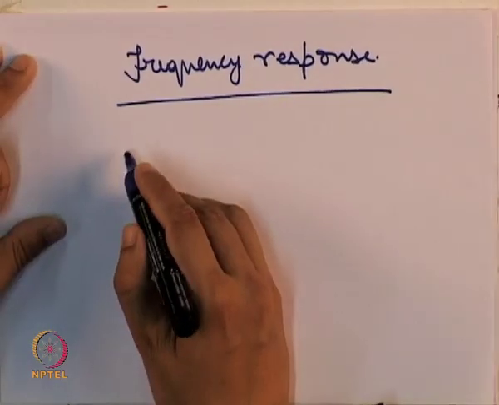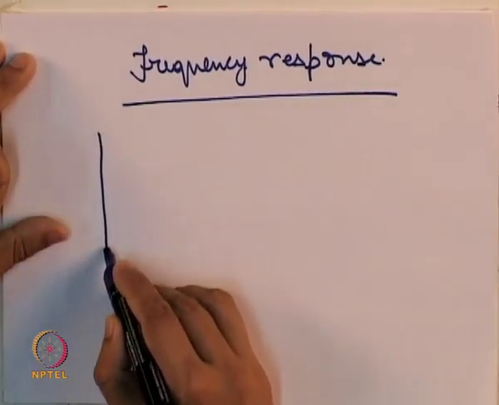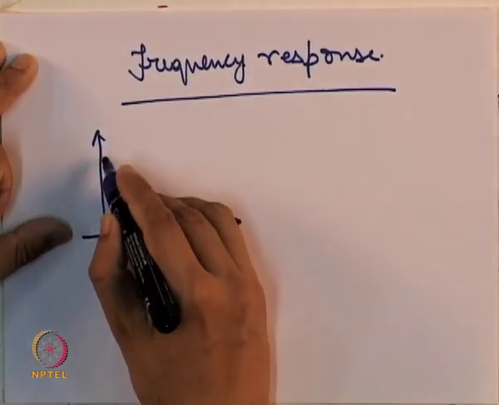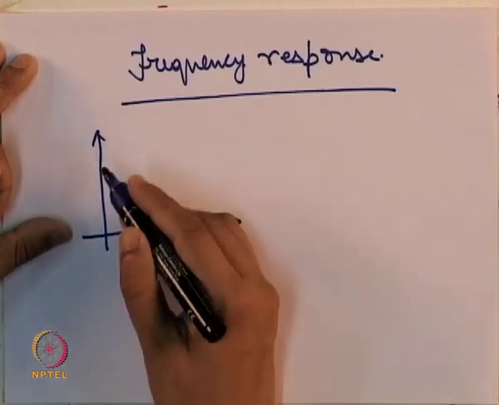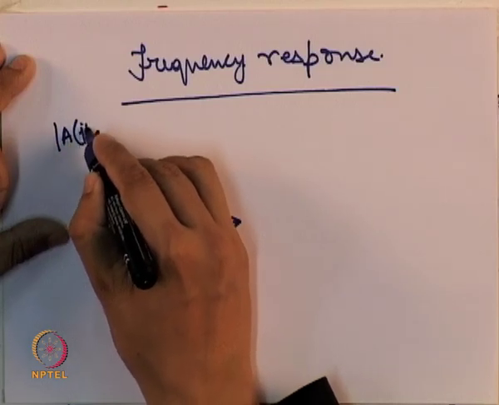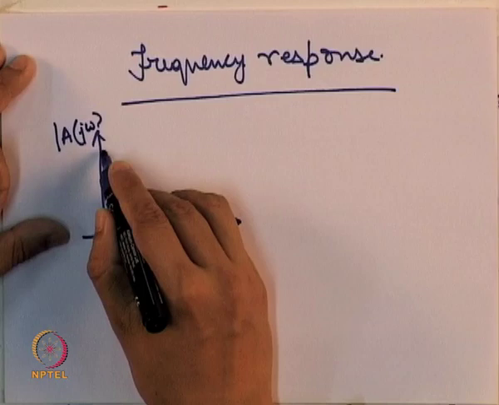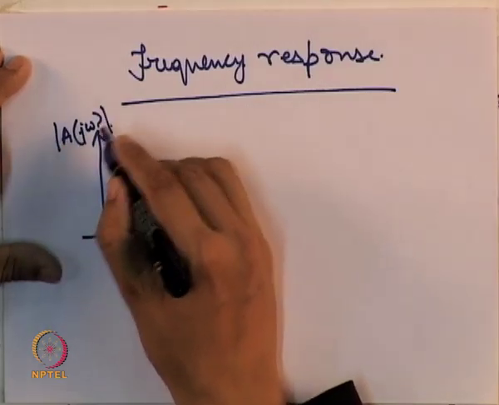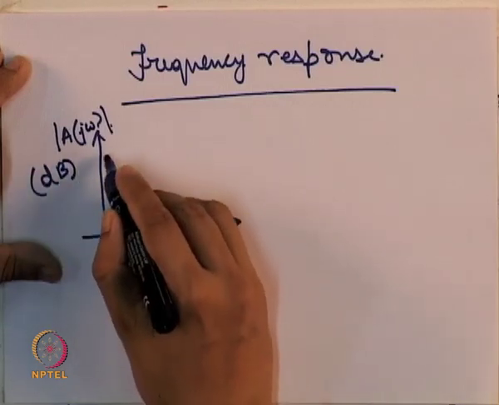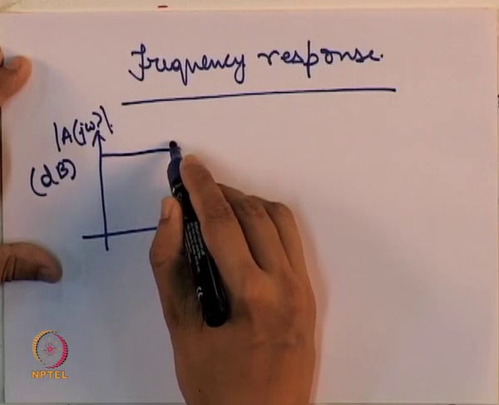Now, usually the frequency response of an op-amp, or for that matter any analog device, if we plot the Bode plot of the magnitude, this is in dB, it will show a variation like this.